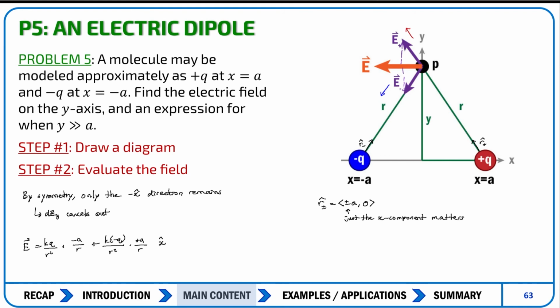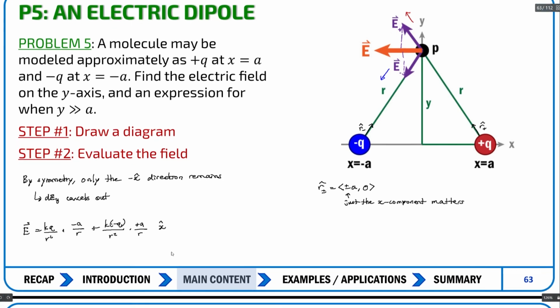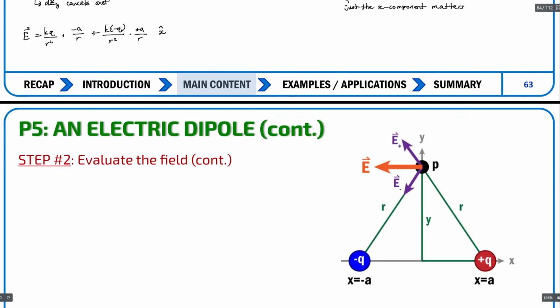Rather, we're considering it as two point charges. So we have to use the principle of superposition. That's fairly important here. I'm just going to write down must use, because it's two point charges, not a continuous charge distribution.